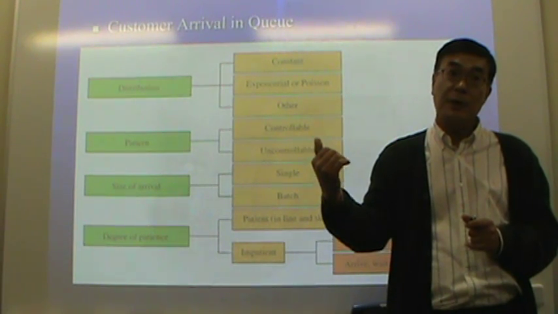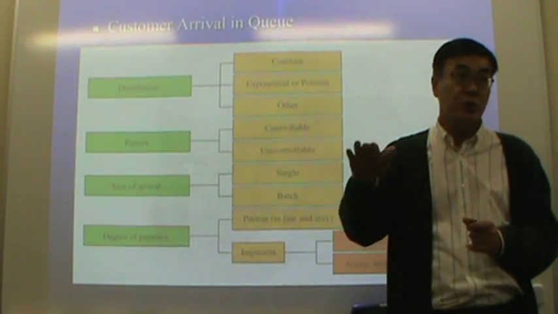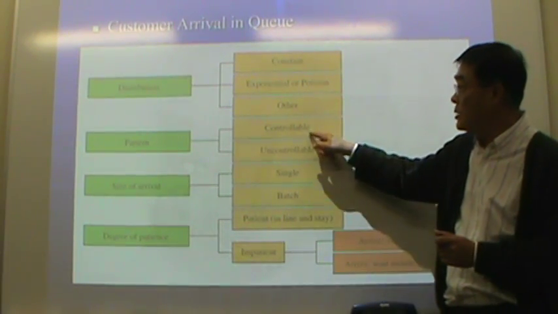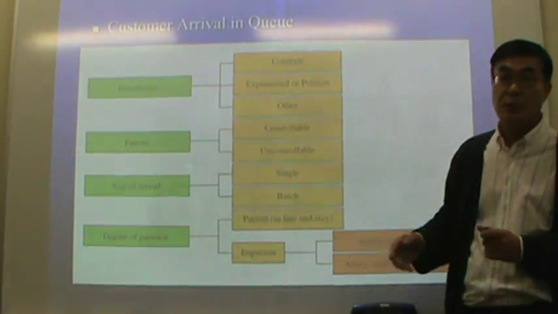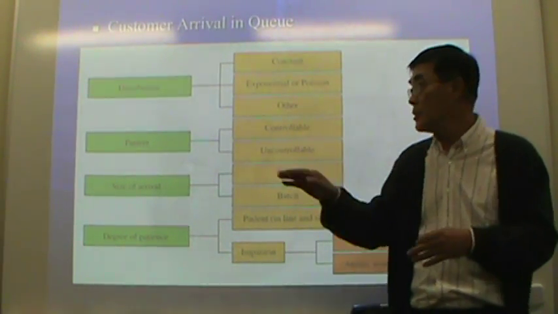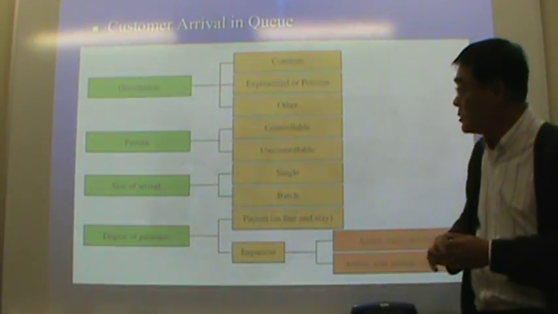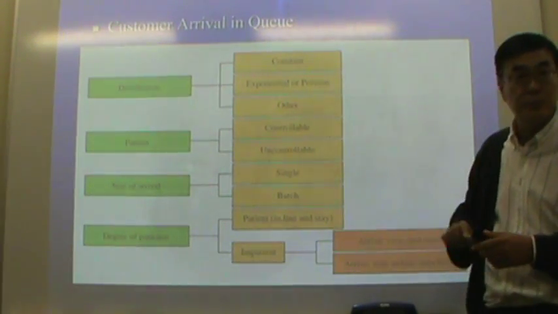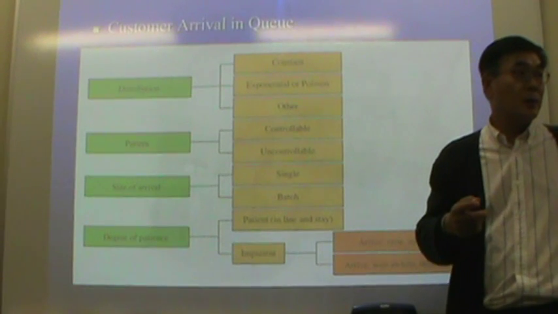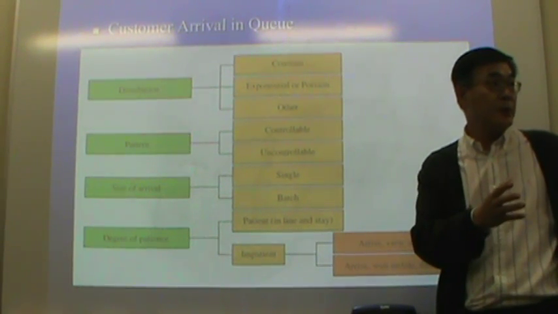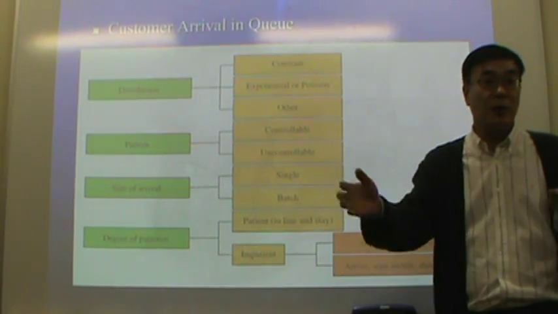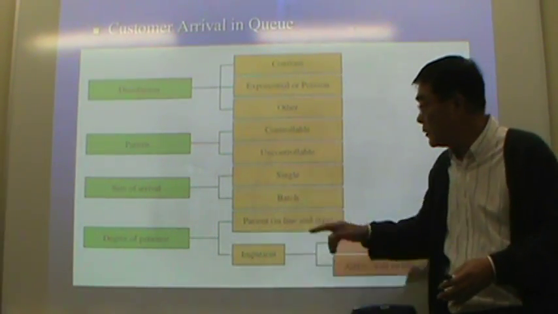If that works, then we can control customer size, right? In that case controllable. Otherwise, we cannot control customer size, uncontrollable. Size of arrival, sometimes one by one, but manufacturing companies usually batch by batch, like 1,000, something like that.